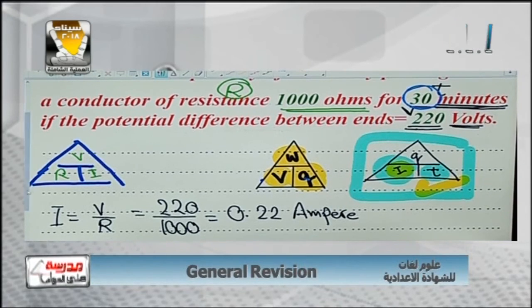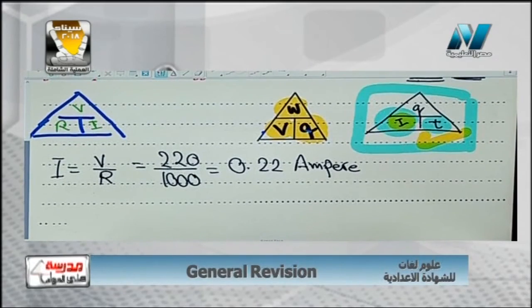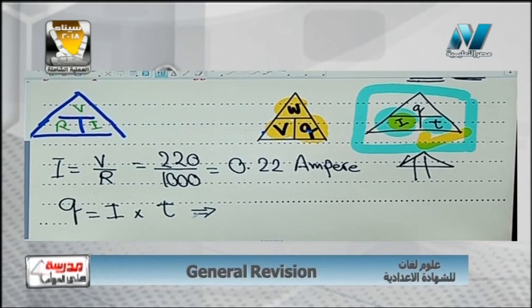طيب we want to calculate what? Q from this triangle. يبقى Q equal I times T, sorry. يبقى طبعا T 30 minutes.